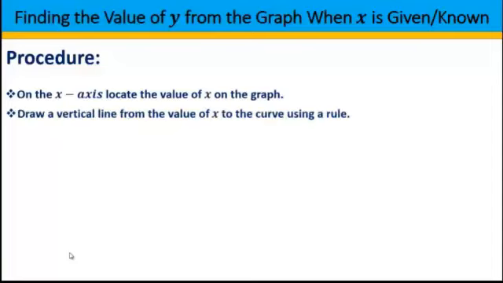Then the second thing is to draw a vertical line from the value of x. So after seeing that this is your x value on the x-axis, you draw a vertical line from that value to touch the curve using a rule or a straight edge.